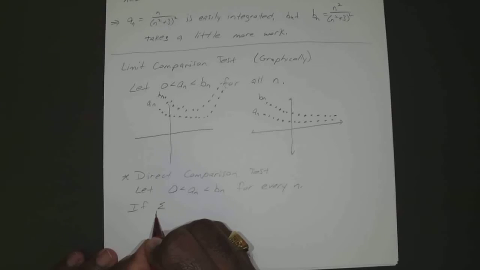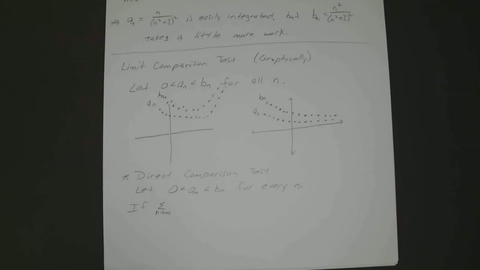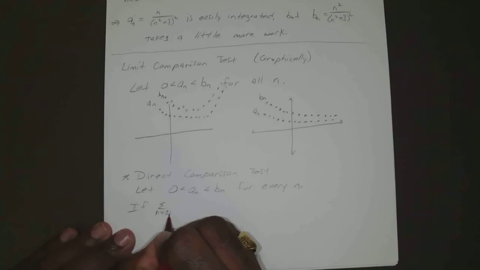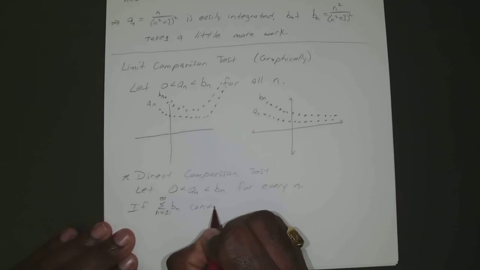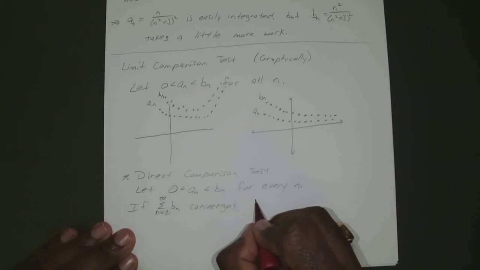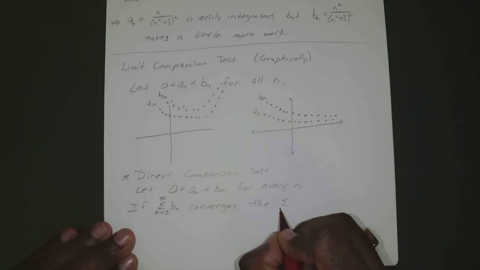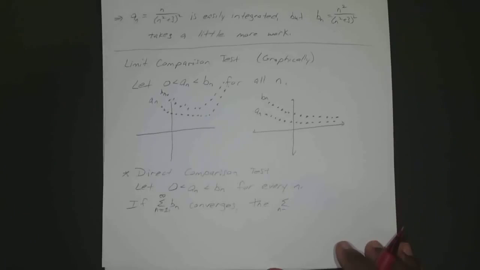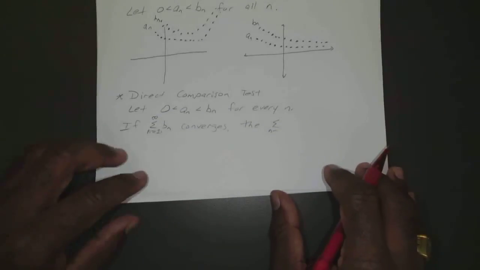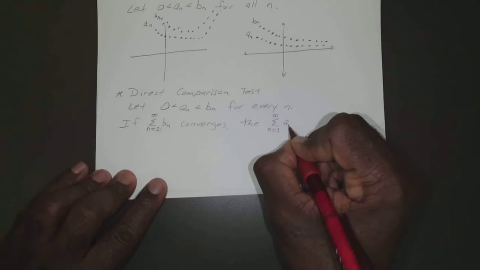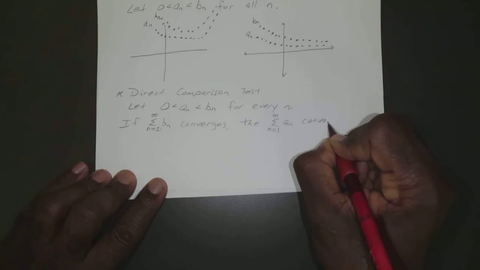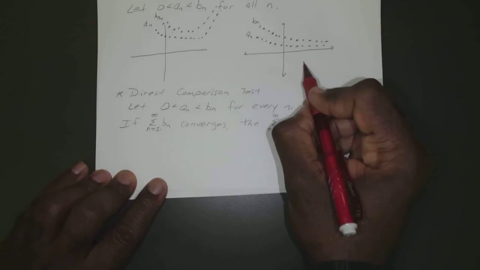If the sum from n equals 1 to infinity of b sub n converges, then the sum from n equals 1 to infinity of a sub n converges, which was this one here.